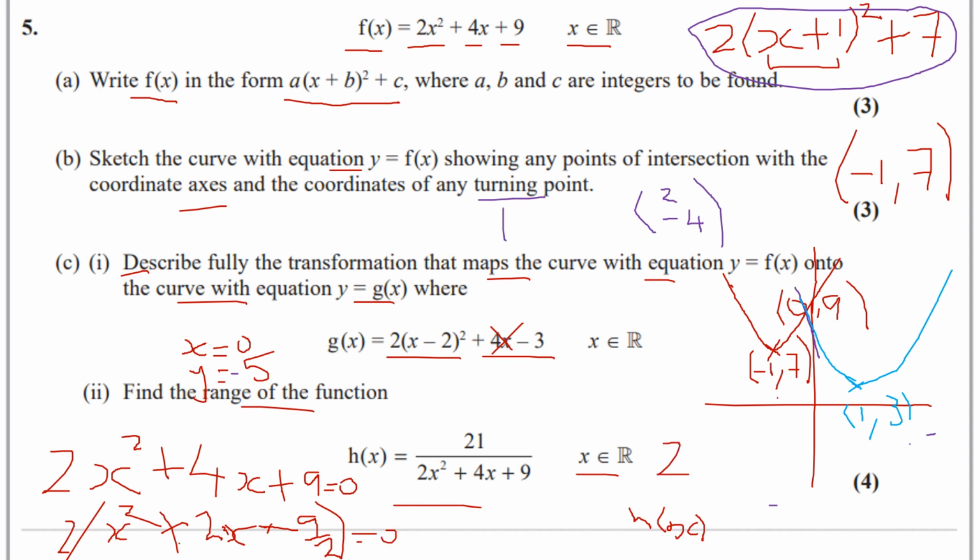Of 2 open brackets, x plus 1 all squared, subtract 1, plus 9 halves. Okay, that'll be 2 halves. So that'll be 7 halves.